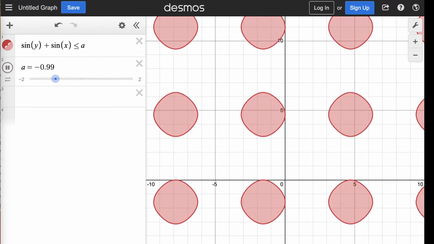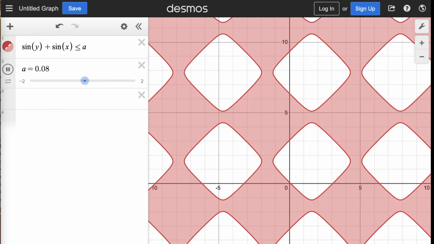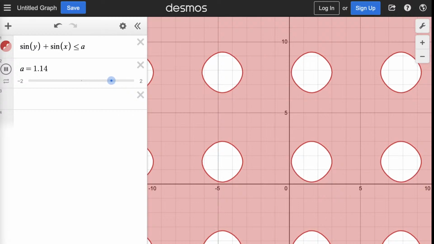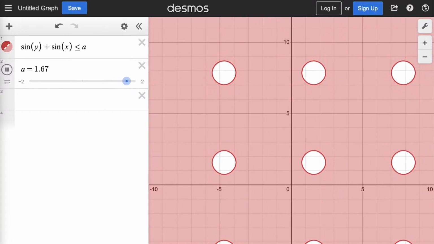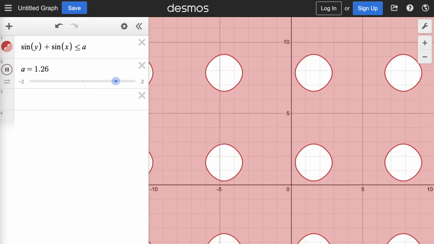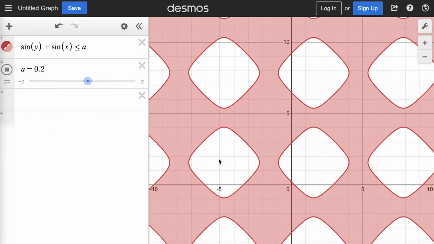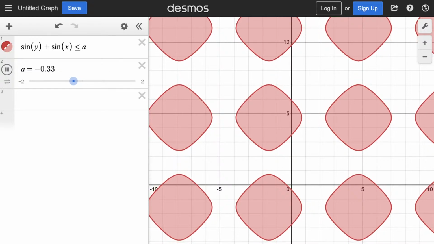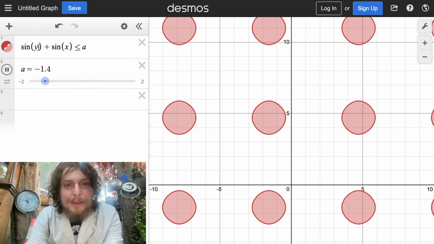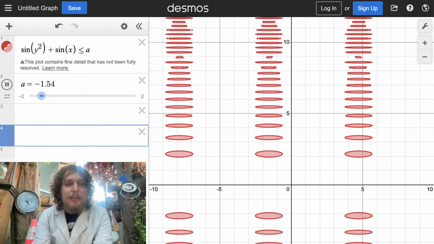So our slider is sending that from -2 to 2, and it's when sine of y plus sine of x is less than or equal to a, which in shorter terms we could say is that the value of a is at least as much as it is, -2 to 2 in this shifting pattern right there. Now, that was just our little backdrop. We'll change it now that we've already seen that, and we'll do a few different ones at a time. Now we stuck a squared on one of the dimensions.